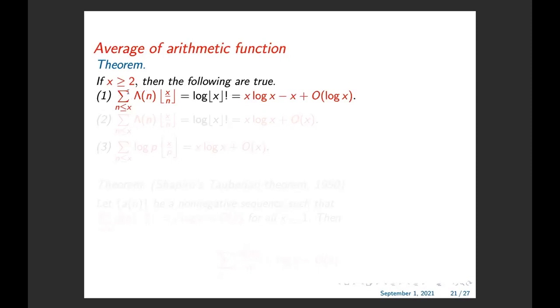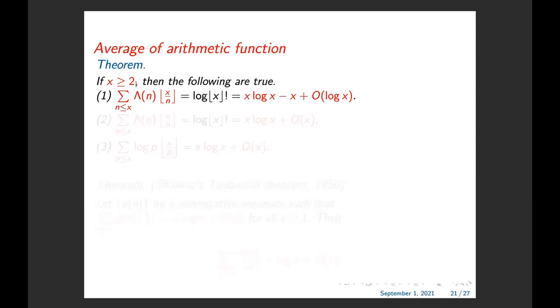So here we have our first asymptotic formula. If we consider this partial sum of this floor function, where it is weighted by this lambda function, then we obtain that this sum is equal to log of floor of x factorial.